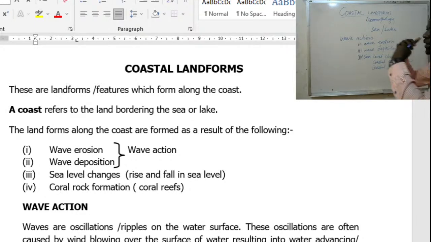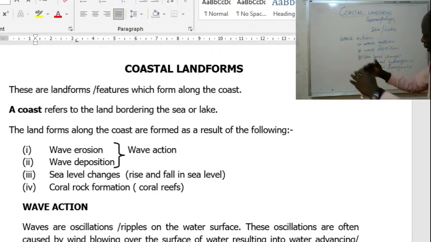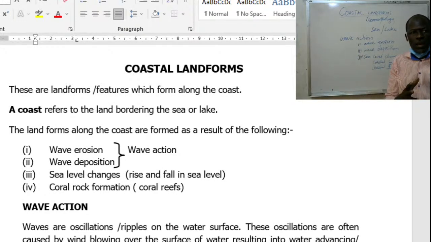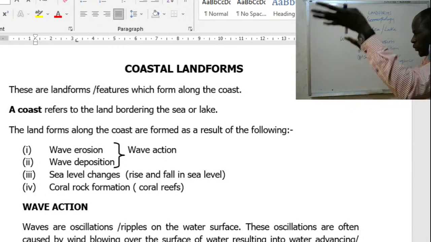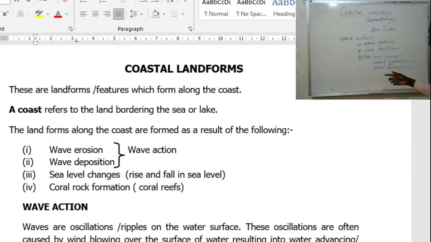The coast is now covered by the water of the sea or of the lake because of rise in sea level. Like what I've said happened March of last year, 2020. There was a rise in the water levels along the shores of Lake Victoria. Most places, those beaches were all submerged. So that when they are flooded with the waters of the lake because of the rise in the water levels, then that's what we call coastal submergence.